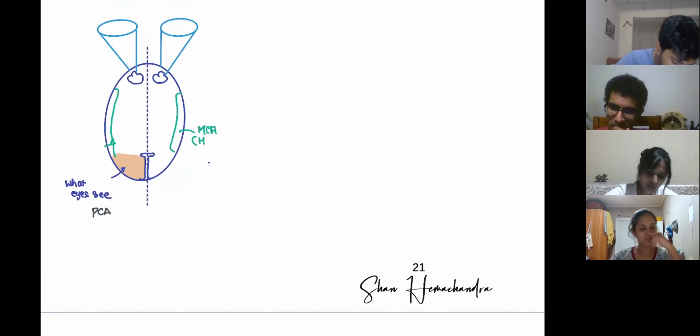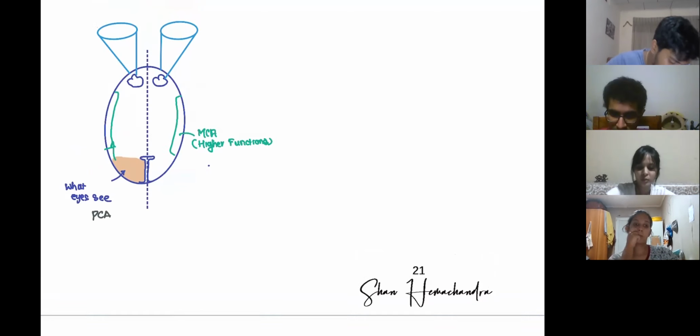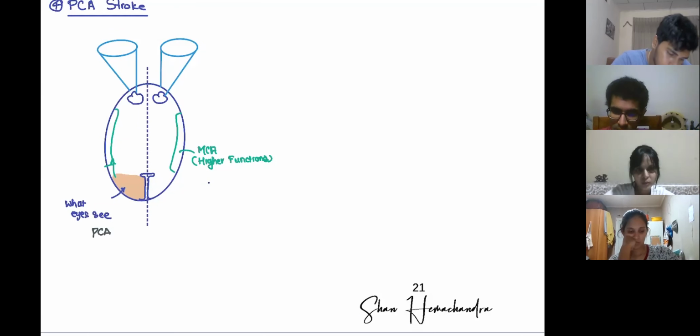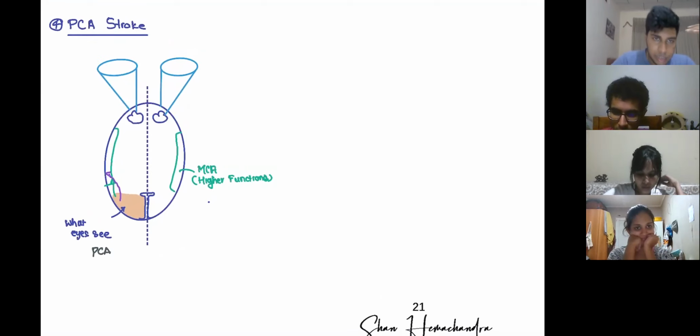That is basically the higher functions. Your eyes, vision and everything is controlled by the posterior cerebral artery, in the sense that it is supplied by the posterior cerebral artery. Then it will send the signals through nerves to the MCA innervated areas.